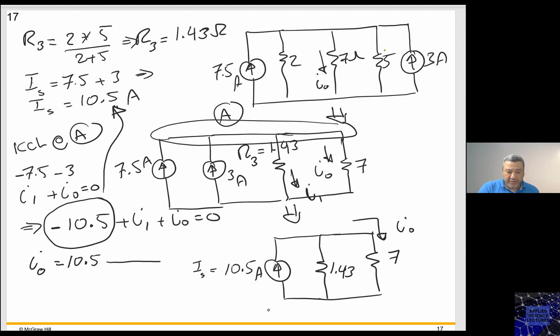What shall I put here in the numerator? What shall I put in the denominator? I need I naught.